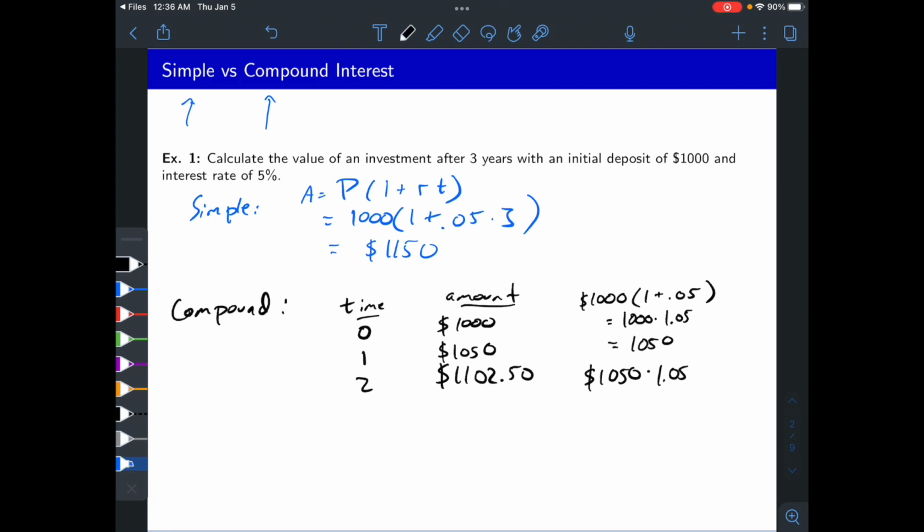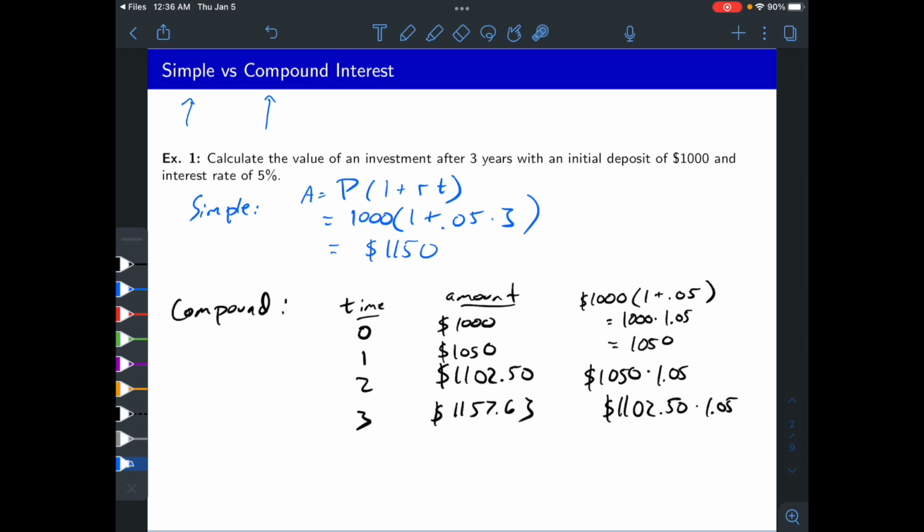After 3 years, we take that amount and multiply by 1.05 again, adding that 5% interest repeatedly. And what do we get? We get $1,157.63.